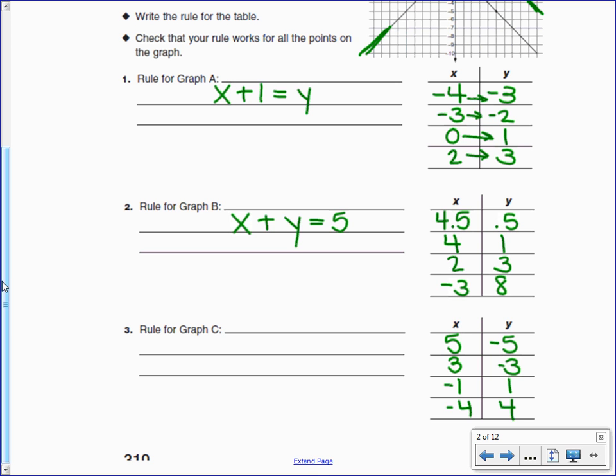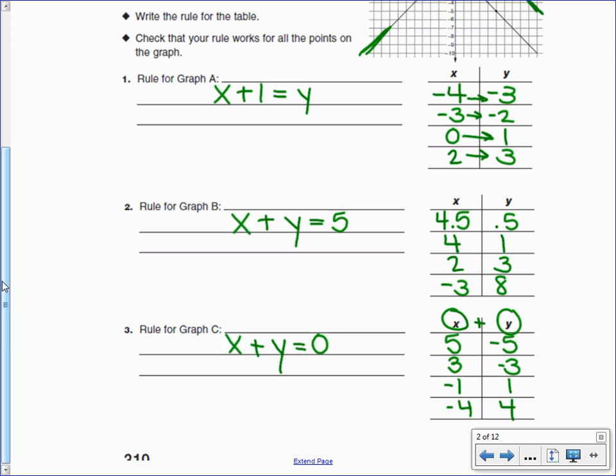So if every time you take X and you add whatever's in the Y, what are you going to get every single time? 0. Okay, any questions? Feeling okay?